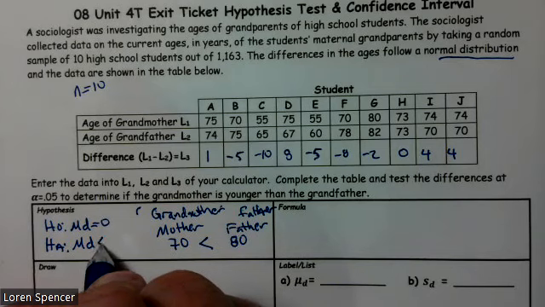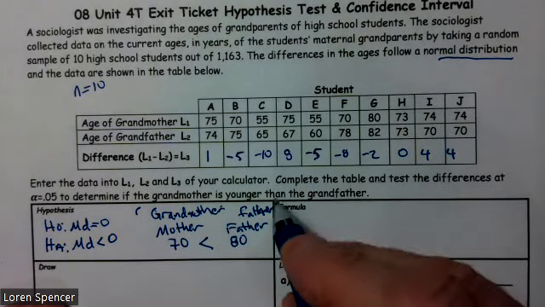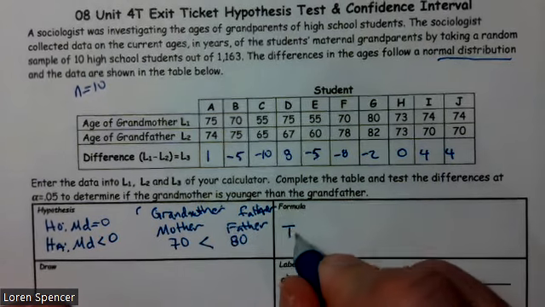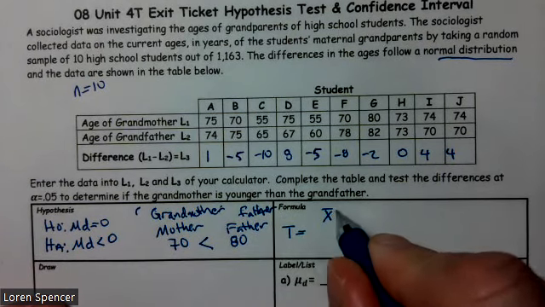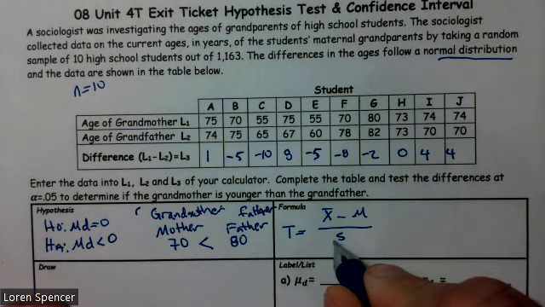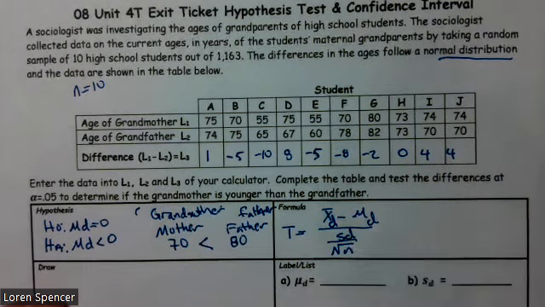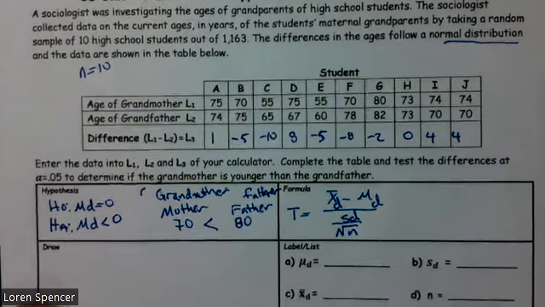So I need a mu D less than 0. Our formula, t equals, is basically the same as what we had before, but then I need to come back and drop some D's on it.